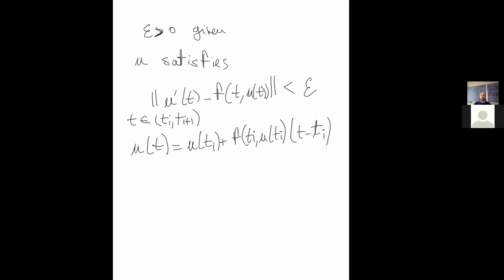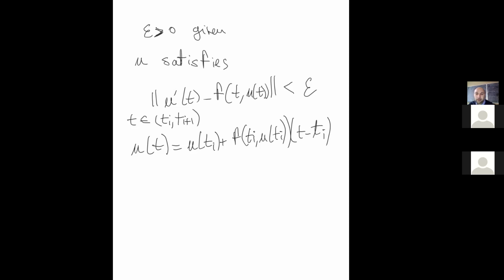So what we have to prove is that... I think that u prime of t is approximated by the quotient u(t) minus u(t_i) over t minus t_i, which will solve the problem. No, can you repeat your question, please?